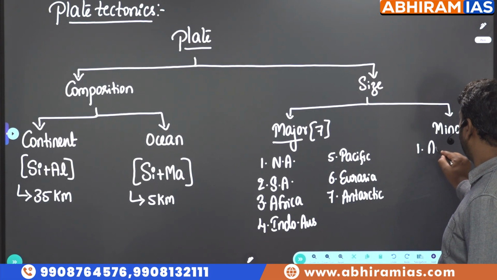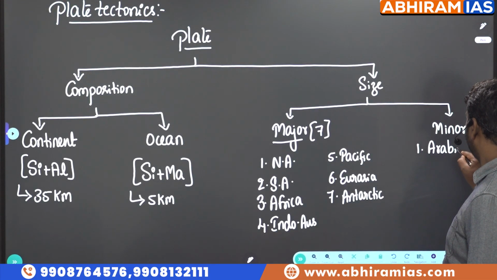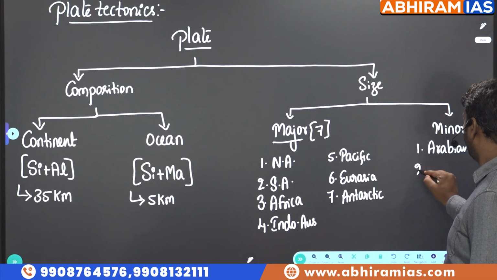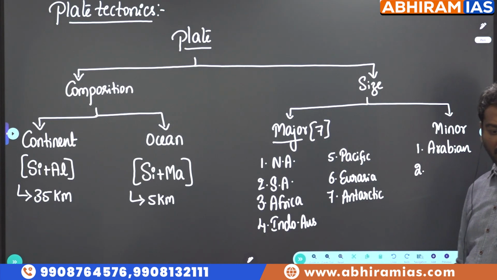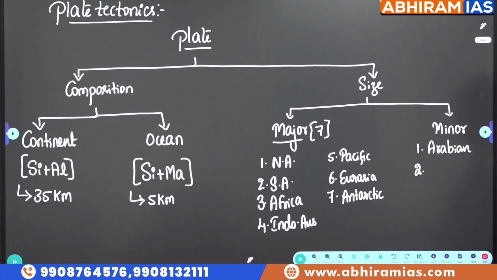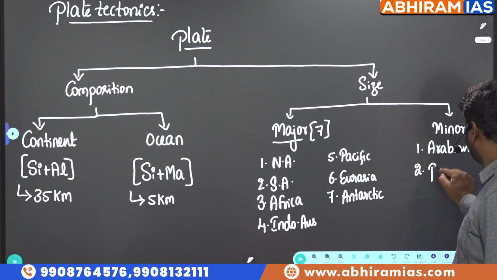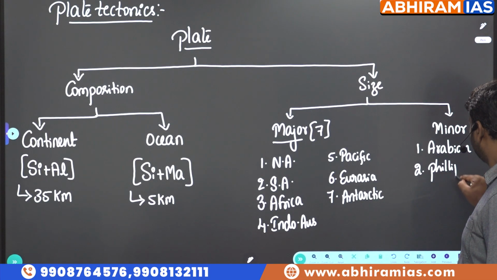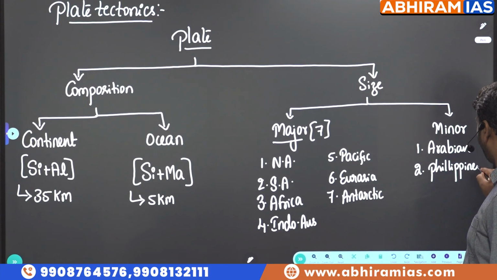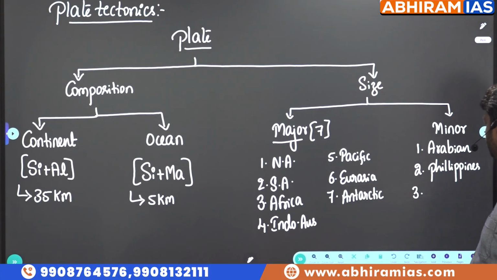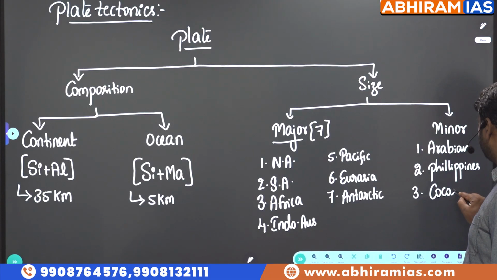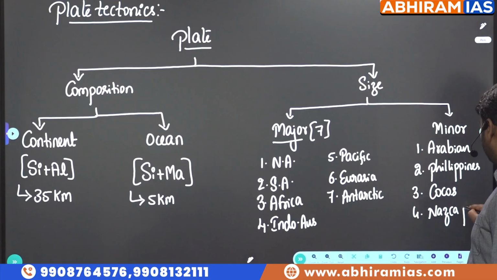Some of the minor plates are Arabian plate, Philippines plate, Cocos plate, Nazca plate.